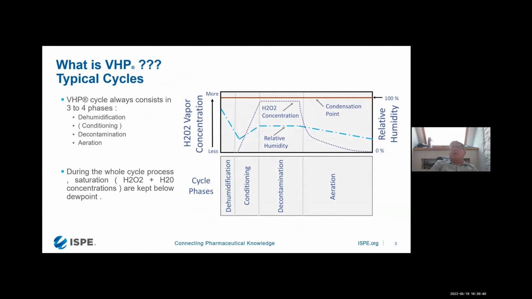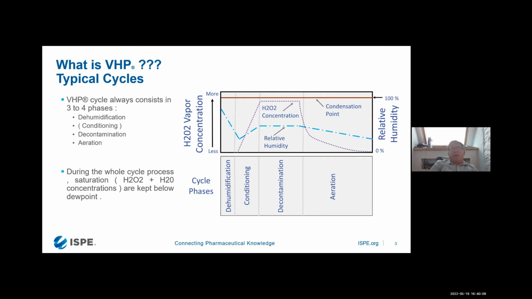For smaller volumes, we will really dry the volume below 20%. For rooms, 50% is okay, so long as we have enough space between the dew point, the condensation point, and the relative humidity at the start, that we can reach enough concentration to do the decontamination.